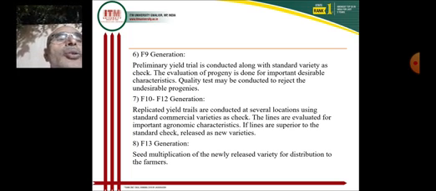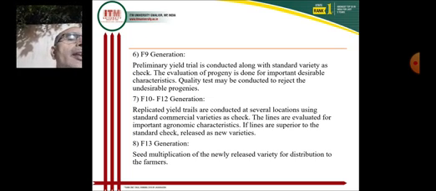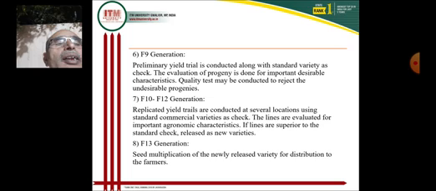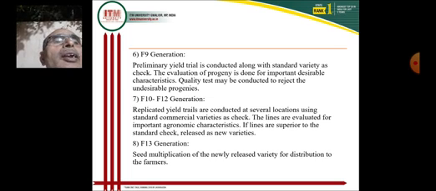F10 to F12 generation, replicated yield trials are conducted at several locations using standard commercial variety as check. If the progenies are found suitable or superior to the check variety, then multi-locational tests are conducted.